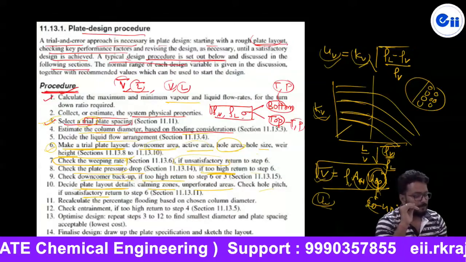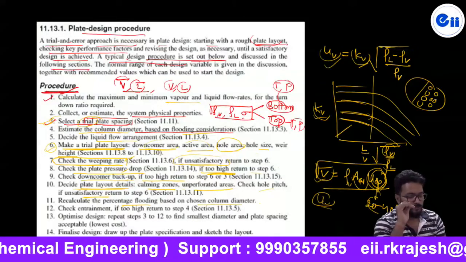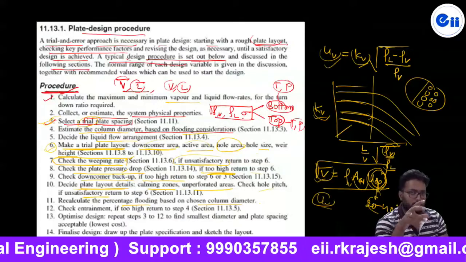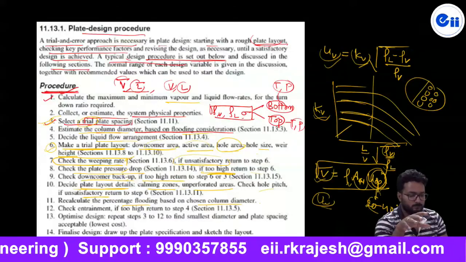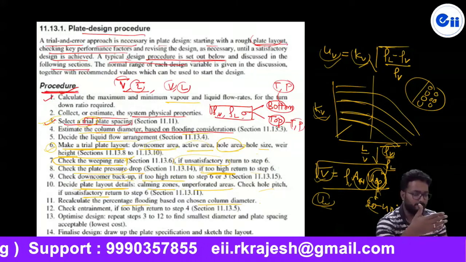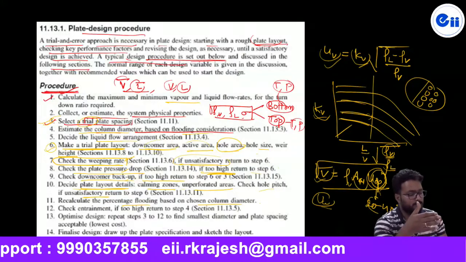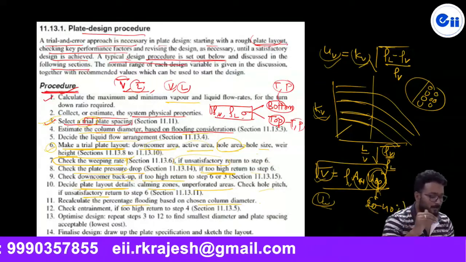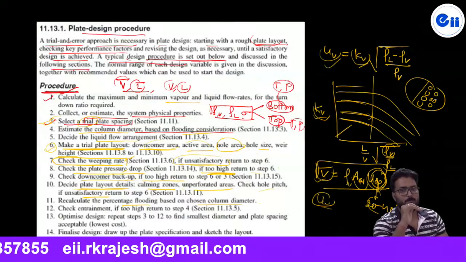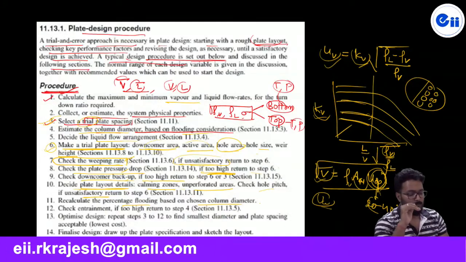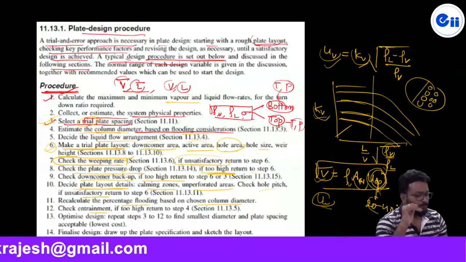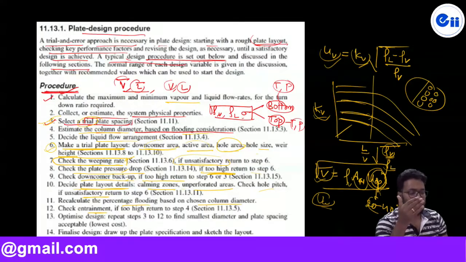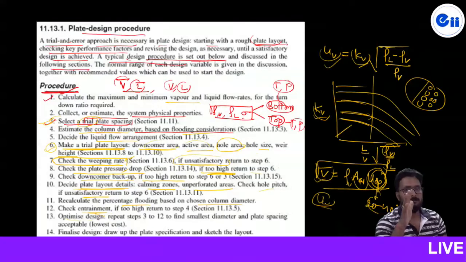Now recalculate the percentage flooding based on the chosen column diameter. Whatever column diameter we have chosen, whatever column data we have found, on the basis of that we should again calculate the percentage flooding. Thereafter we'll check whether the entrainment is high or low, and after all these things are checked, we'll optimize the design.